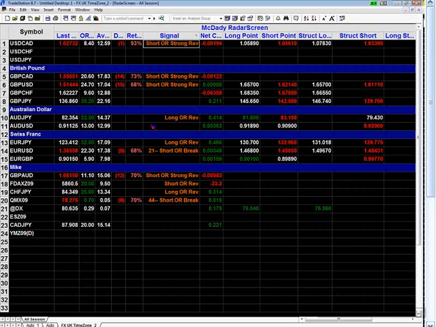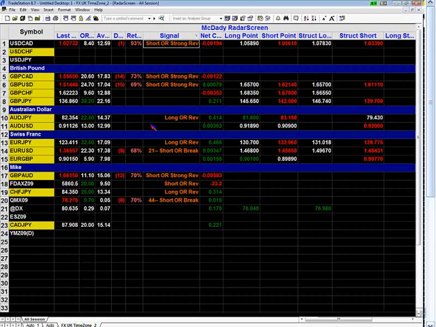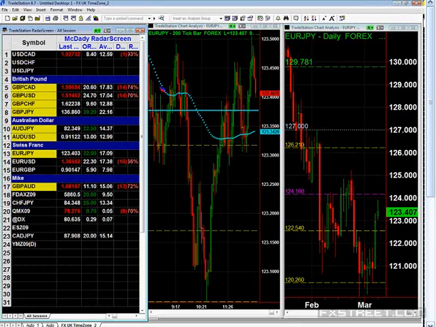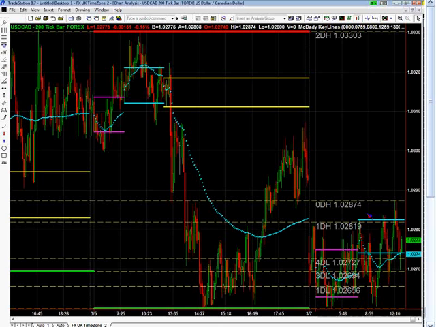I'm showing you now how we find the reversals, and then I'm going to put up the charts. I also see that the pound CAD had a reversal. The pound dollar also had a reversal. See here, this is the London session.